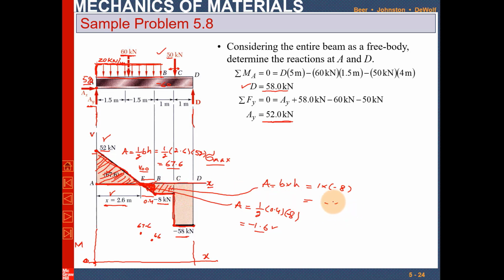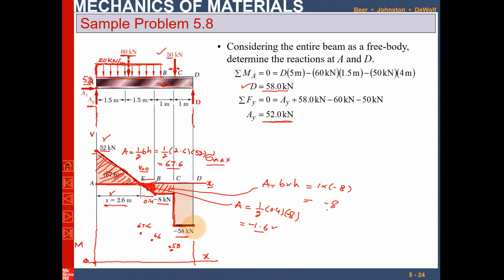So that will be minus 8. If you subtract 8 from 66, it will be 58. So this point is plus 58, because 66 minus 8 is plus 58.